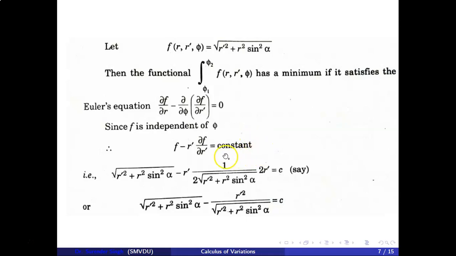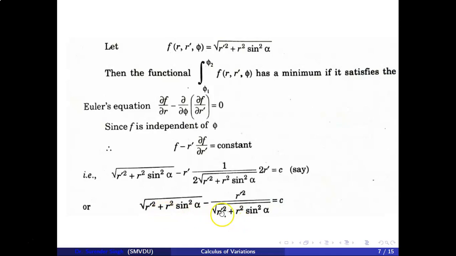So this Euler equation should take this form. Now you substitute the values of the things appearing over here. The value of small f is this thing, r dash is there, then you partially differentiate it with respect to r dash, curly f over curly r dash. The value comes out to be this, equal to a constant you consider, that is c.